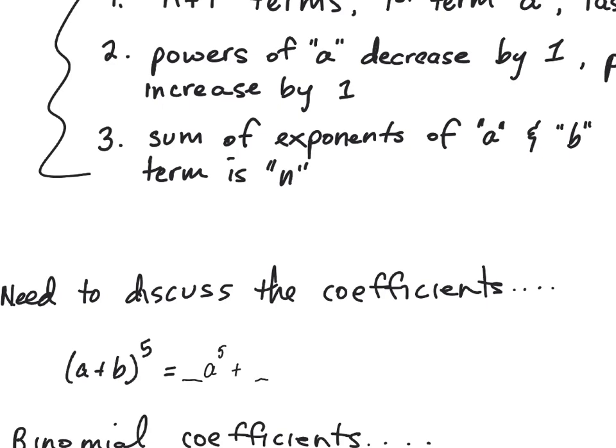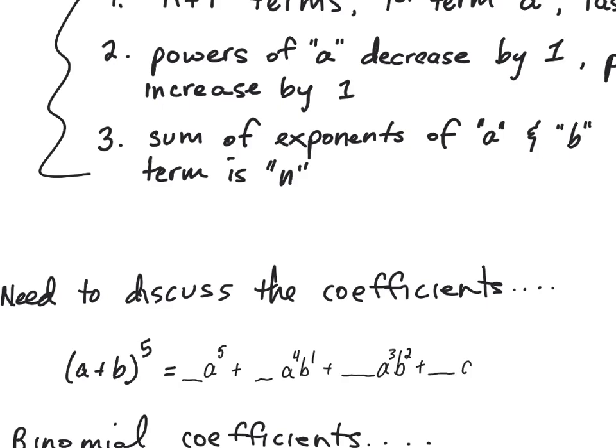The second term, there's going to be a coefficient. Remember, we decrease the power of a, and then b is going to be raised to the first power because the sum of the exponents has got to equal that original exponent there. And then we have another term with a coefficient, and then we decrease the power of a and increase the power of b.